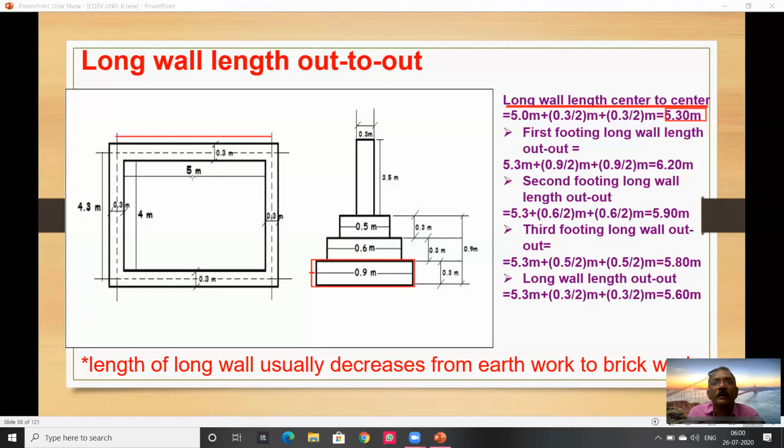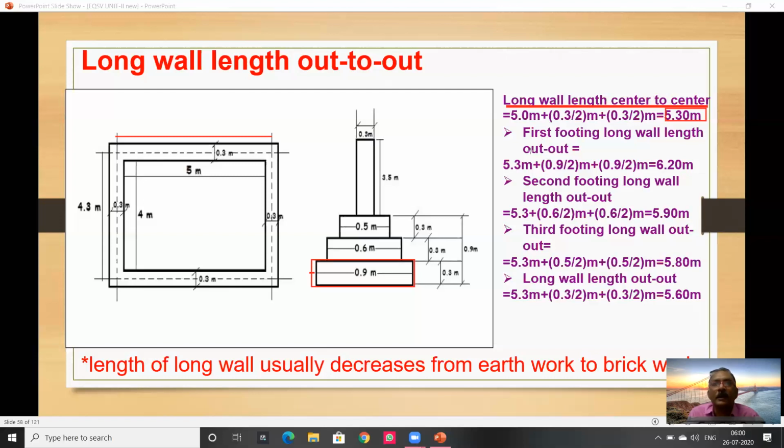Clear 5 meters plus half of the width, that is 0.3 by 2 and 0.3 by 2. So the center to center length is 5.3 meters. That is already calculated, this is the first step.